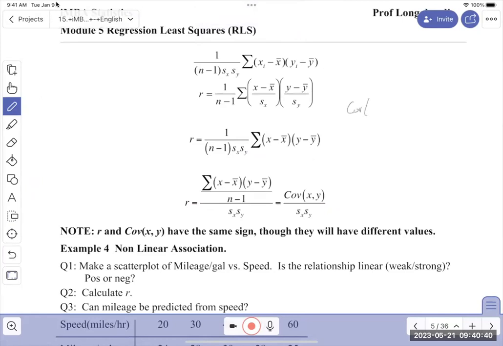So covariance X, Y. Now let's remember what the variance is just for a moment. Variance of X is the average of the squared deviations from the mean.